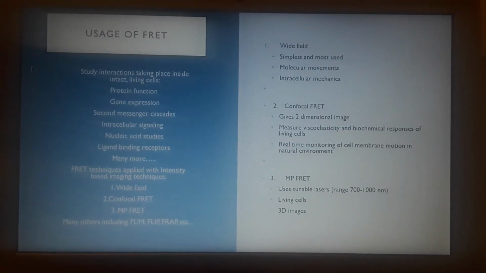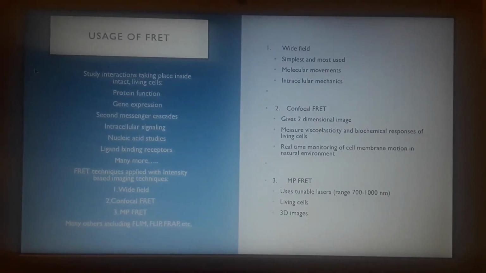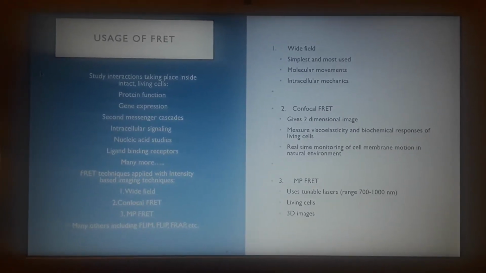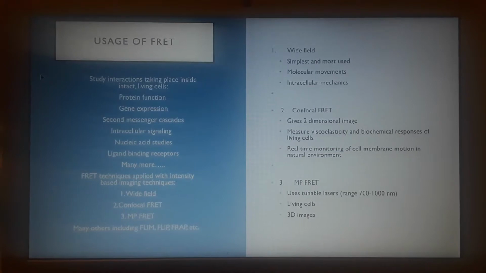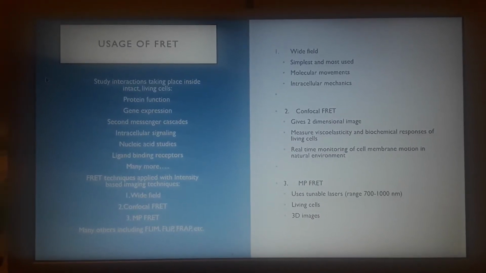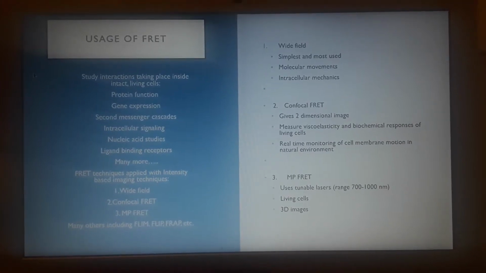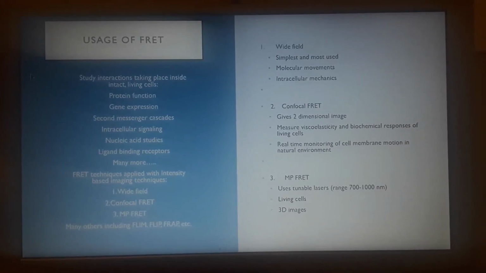MP uses a tunable laser allowing excitation of a wide variety of fluorophores with higher axial resolution, greater sample penetration, reduced photobleaching of marker dyes, and increased cell viability.